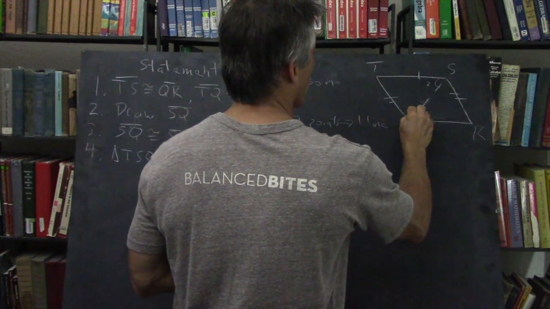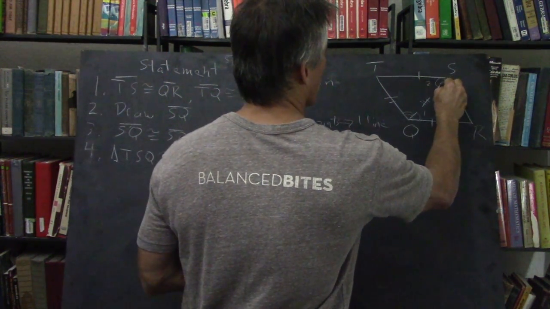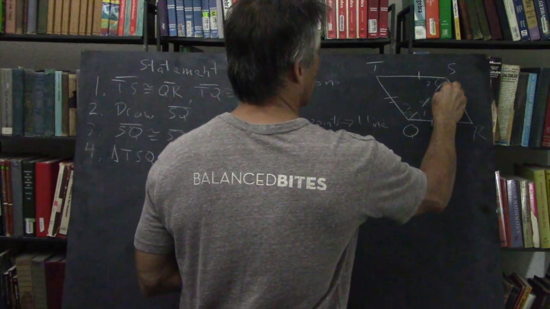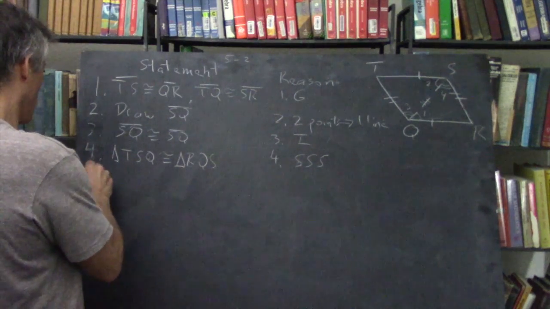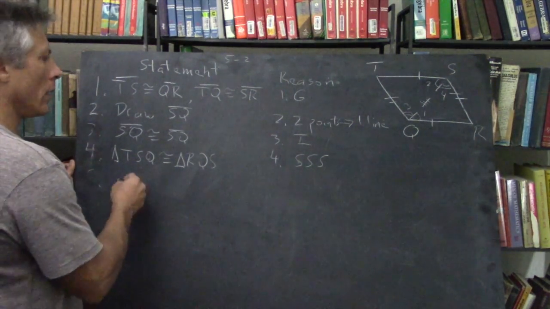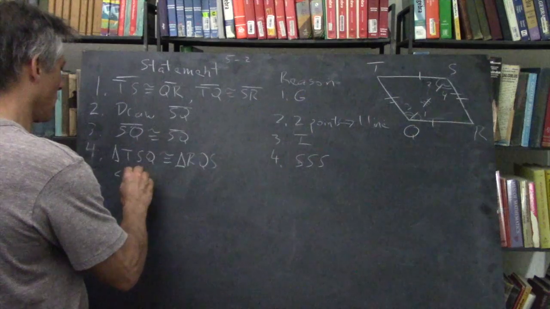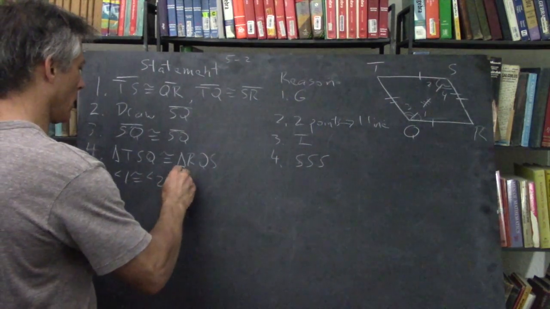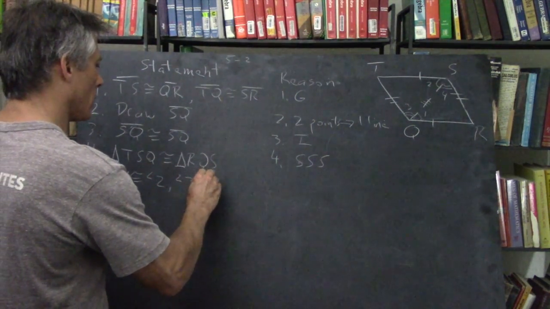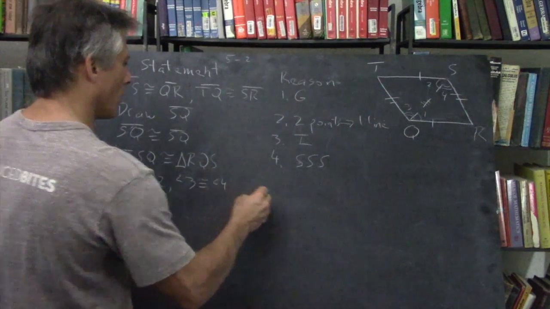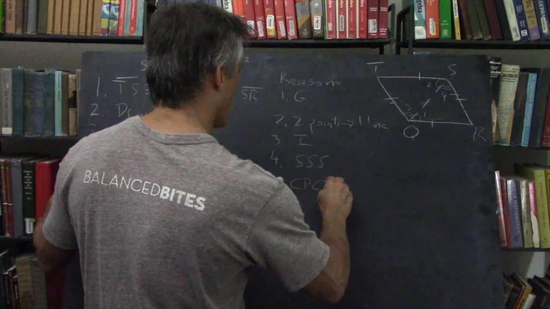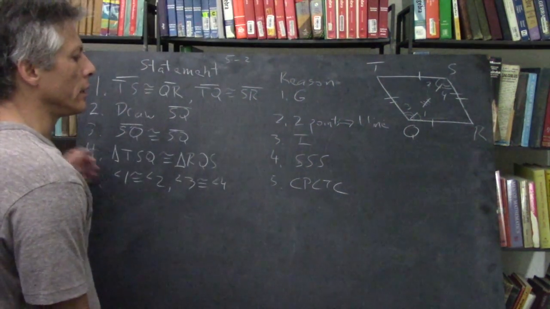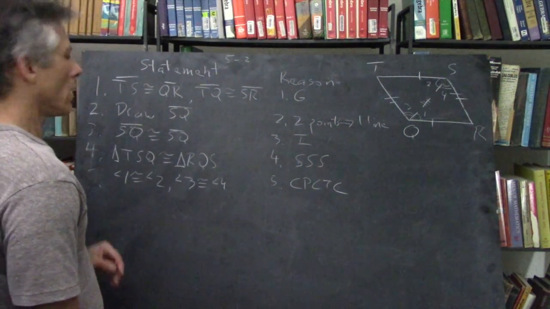And then this one and this one, 3 and 4. Okay? So we know that angle 1 is congruent to angle 2, angle 3 congruent to angle 4, by CPCTC.